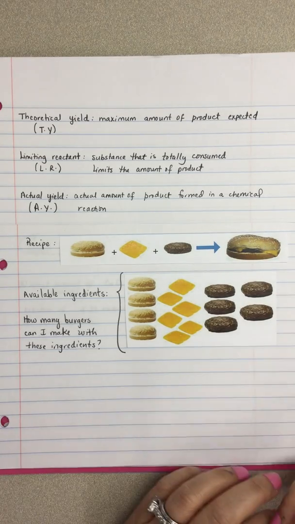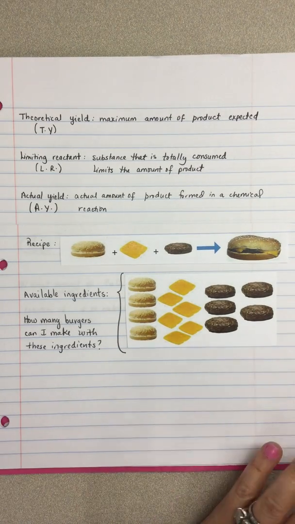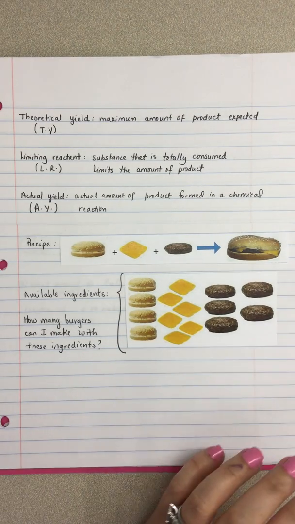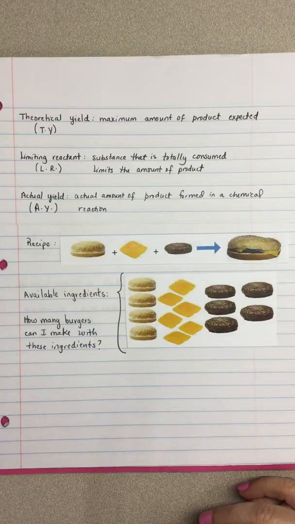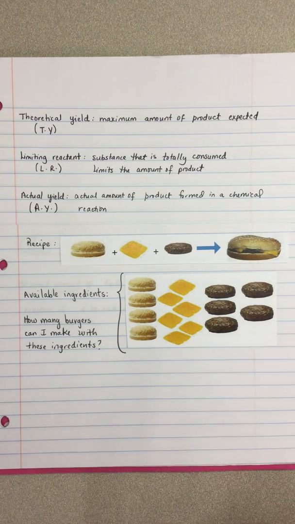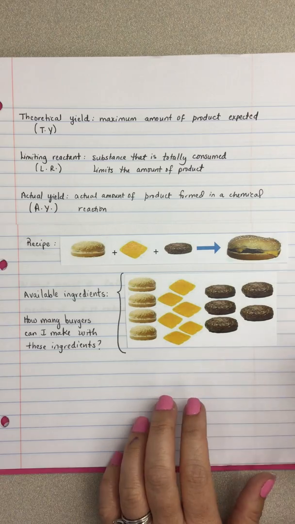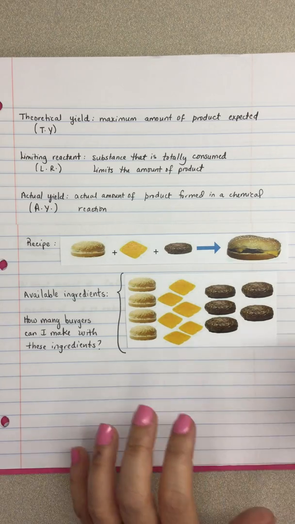So with these ingredients that I have here, how many burgers can I prepare? So maybe someone is thinking that you can add all of them together and that will tell you how many burgers you can get. But that's not how this works. Not for this example, not for any of the examples that we're going to be doing.